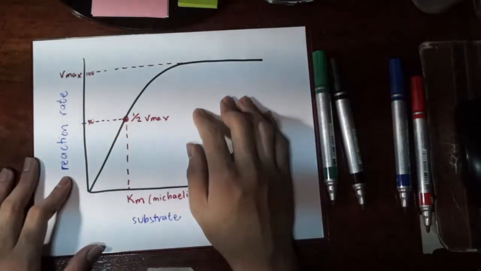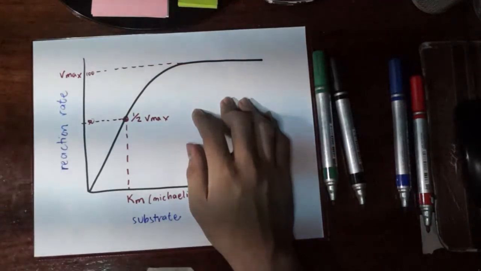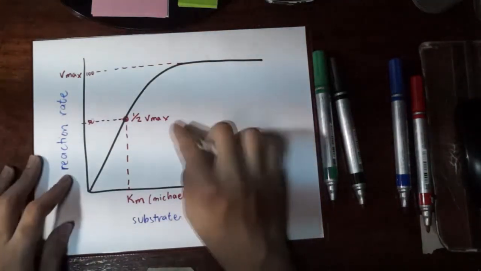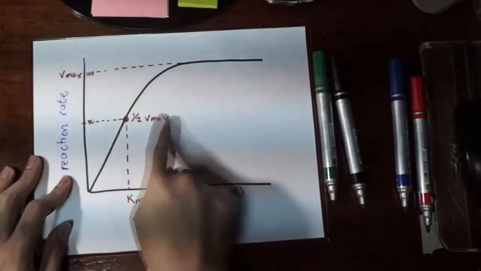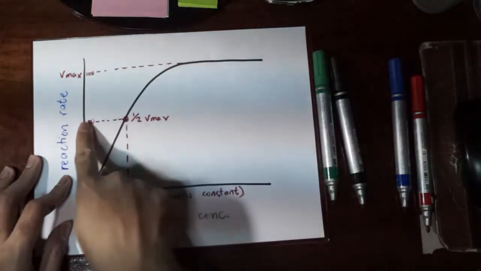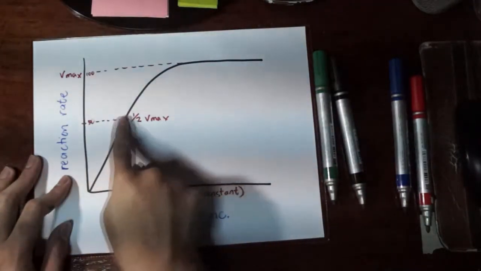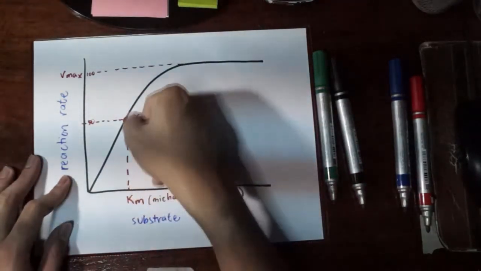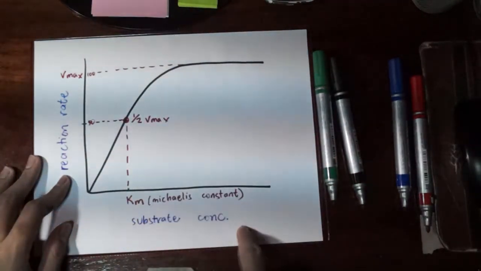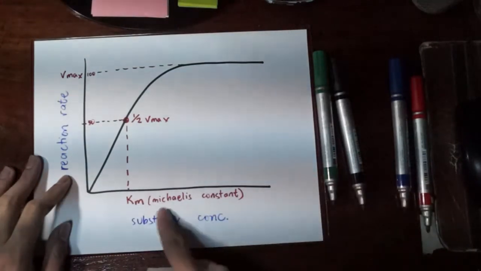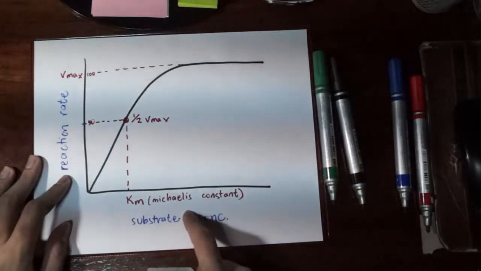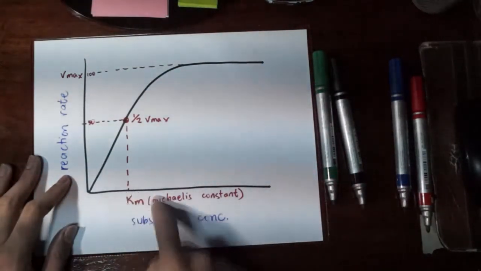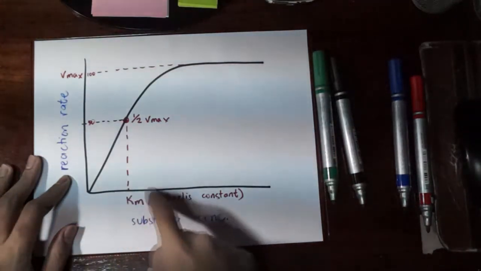And one useful parameter that biochemists use is 1/2 of that Vmax, because for this axis, if you get the 1/2 of Vmax and then pull it down and get the corresponding value for the substrate concentration, you get what we call the Km, or the Michaelis constant. And so the Km would actually give you a certain kind of implication.